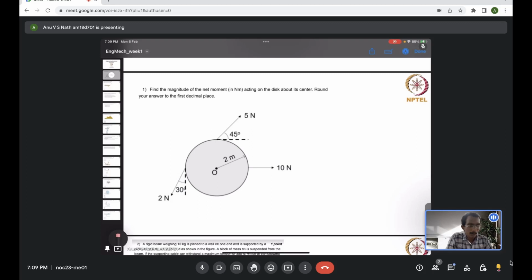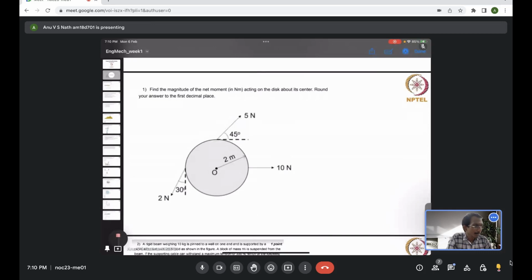I expect it to be an interactive kind of session. Can anyone tell which of the forces are going to contribute to the moment and which of them are not? Okay, let me label the forces.